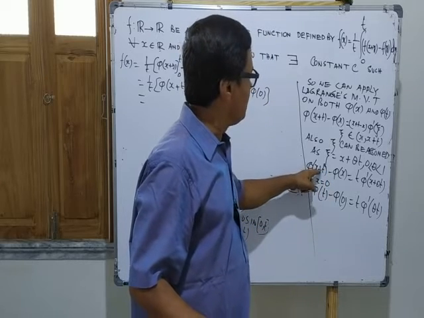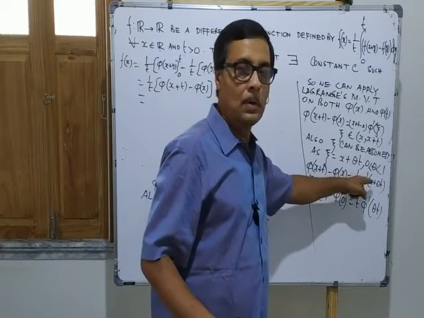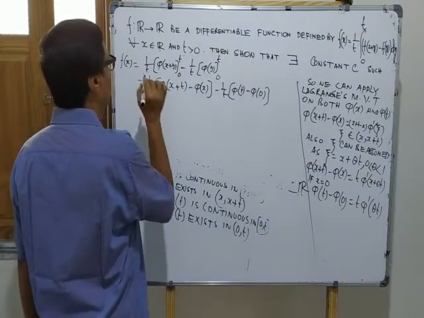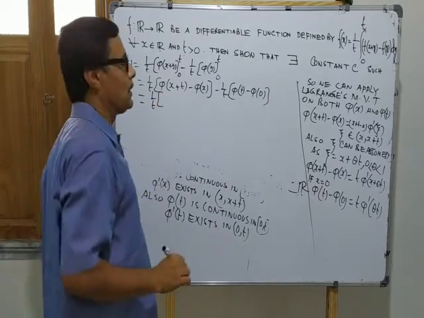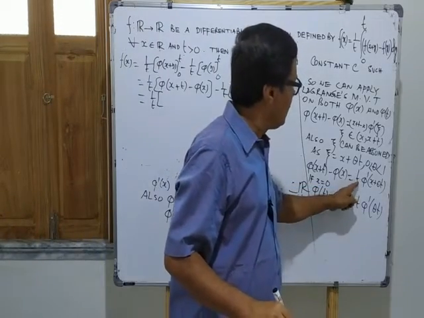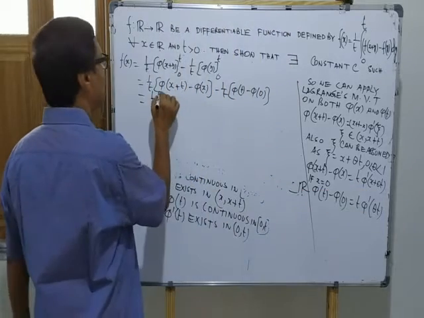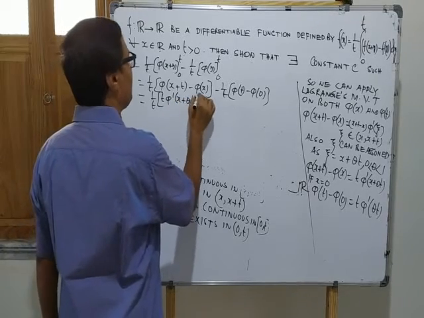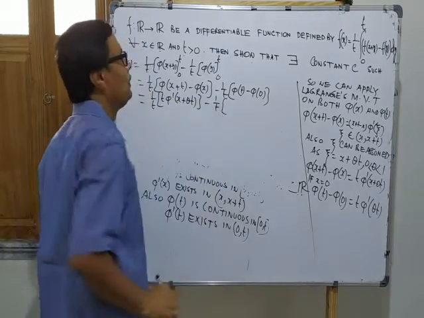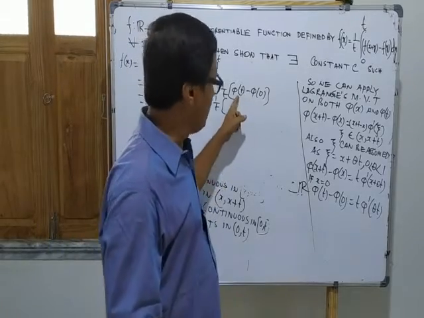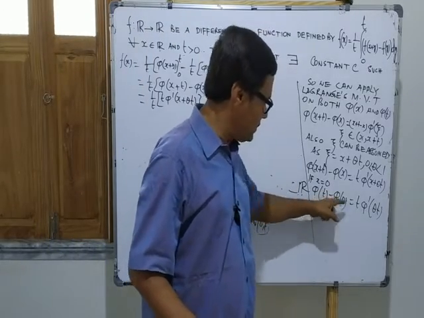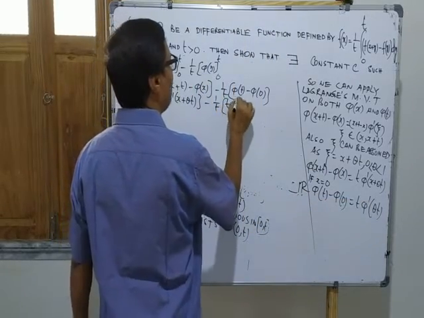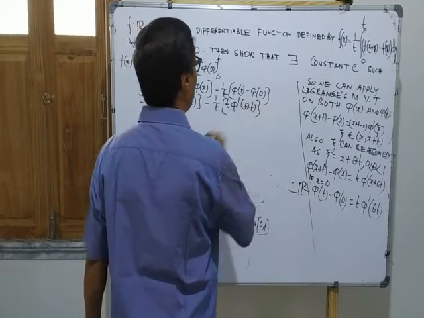The first expression is phi x plus t minus phi x equal to t phi dot x plus theta t, so we put that, minus 1 over t times the value of the second expression, which is t phi dot theta t.